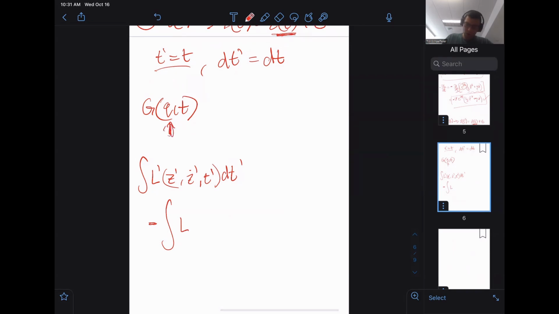In the book they use q as the generalized coordinate, but I'm using z already for this problem.